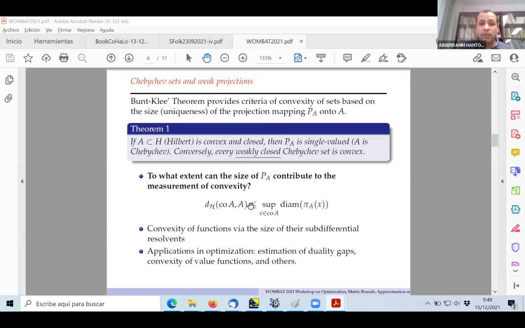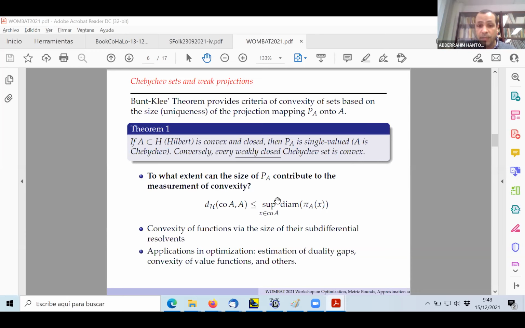This actually, we have already done this part of the problem, the question, to find some estimates like this one. At this moment we are looking to extend this to analytic functions, I mean, to have some relation between estimating the difference between a function and its closed convex hull, using the associated resolvent of the subdifferential.